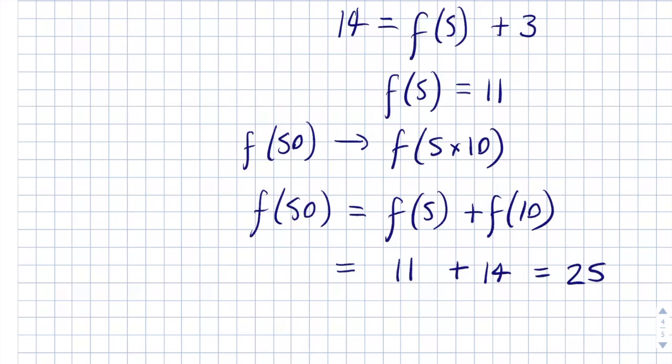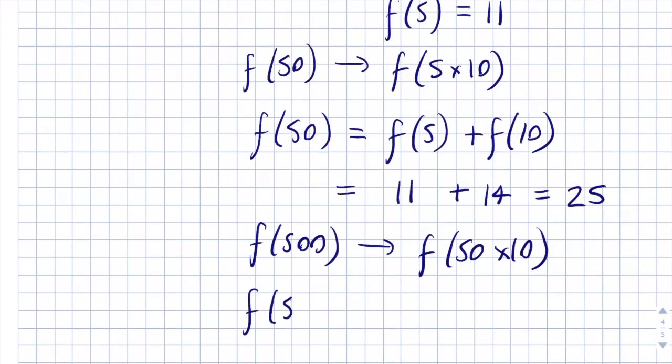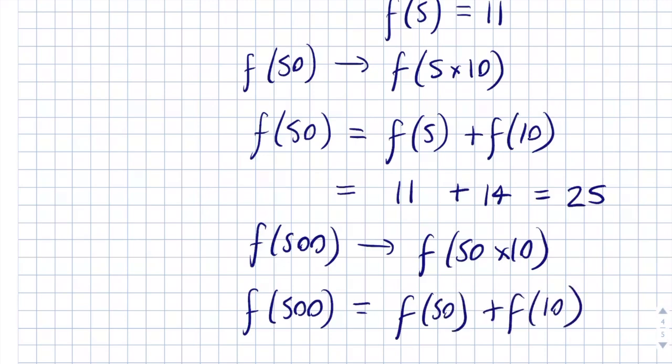So from there we can work out function 500, because function 500 is going to be the function of 50 times 10. So function 500 is going to equal function 50 plus function 10.